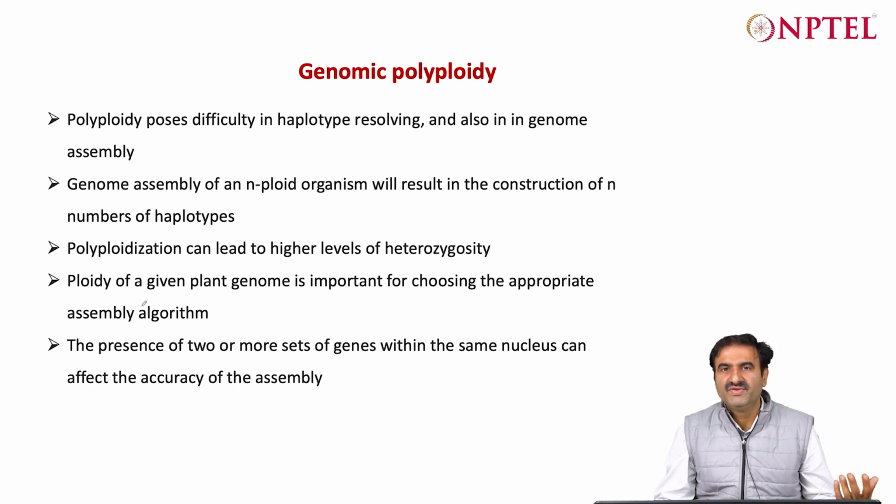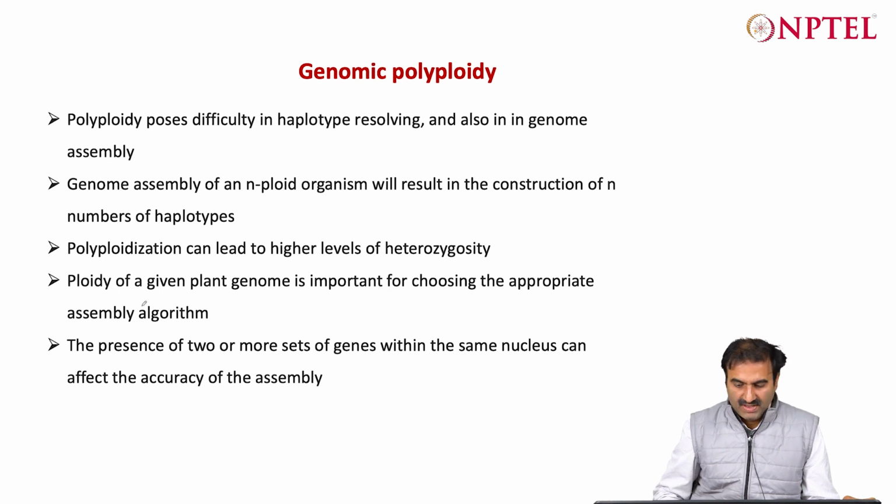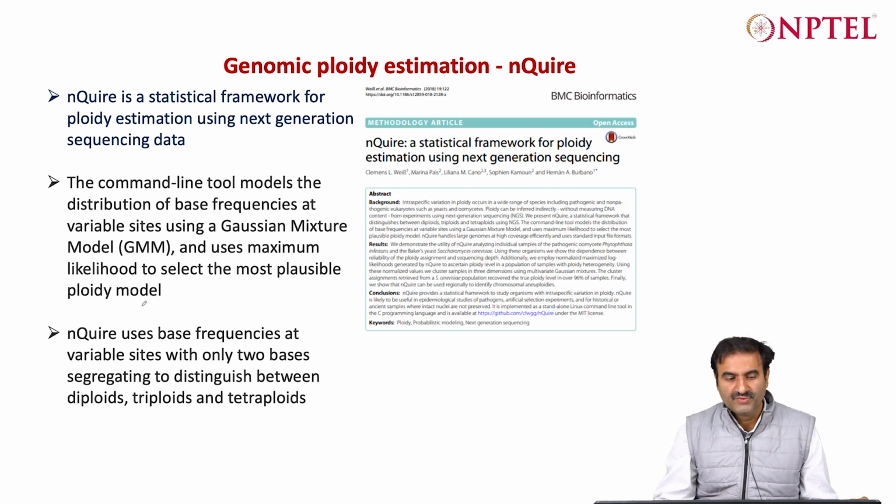A genome which is diploid and has less than 1% heterozygosity will be easier to assemble, but when these things increase, you also face difficulty in assembly. In the case of plants, this is a major problem. A very good tool for this is Inquire, which is commonly used to estimate the ploidy.